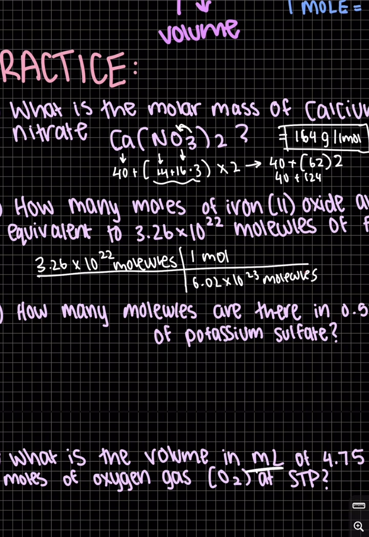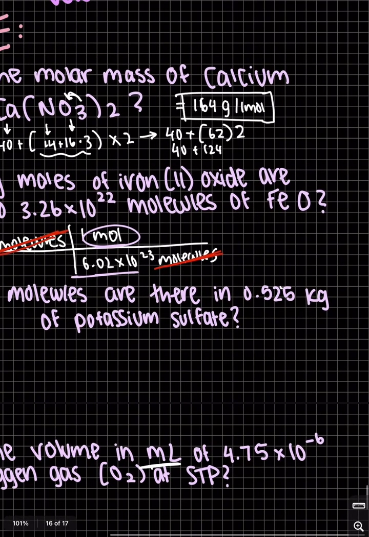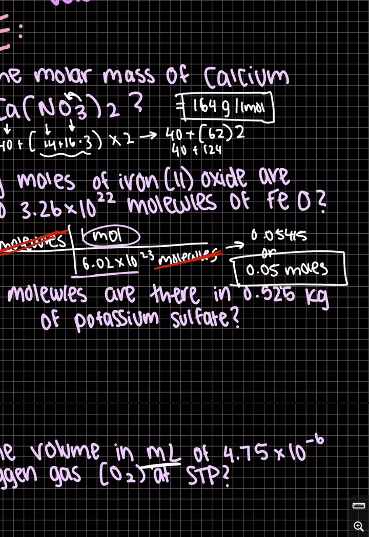That way, in my table, molecules and molecules cancel out, meaning I'm left with my numbers and my final unit of measurement, which I wanted. Once you do your calculations on your calculator, your final answer should be 0.05415, or 0.05 moles.